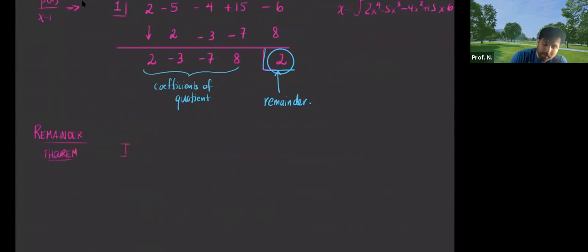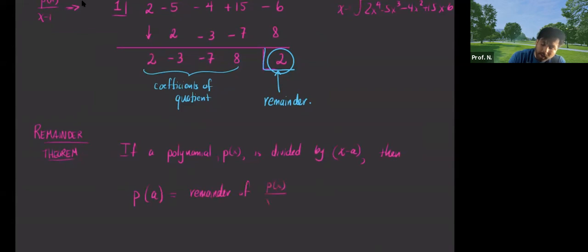And the remainder theorem states that if a polynomial p of x is divided by x minus a, then p of a equals the remainder of p of x divided by x minus a.